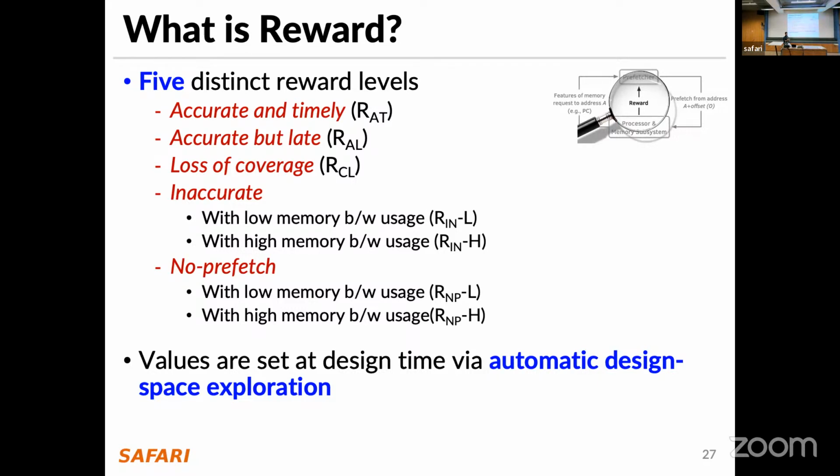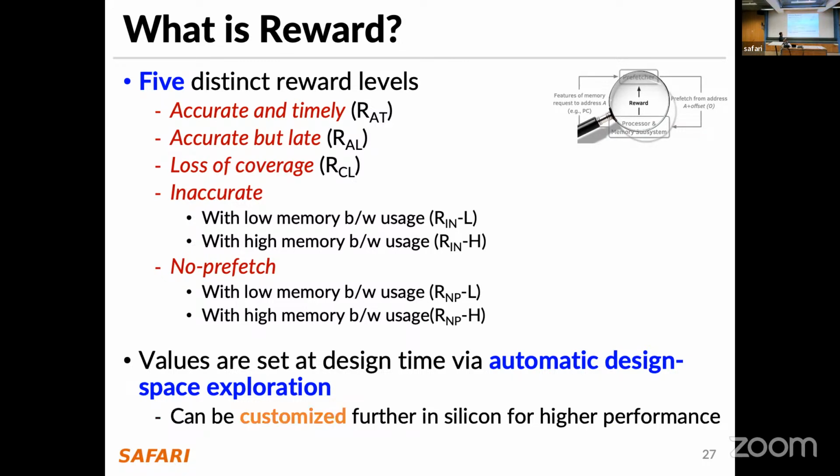And the good part of this design is that you can actually dynamically tune these values at runtime, on the fly. The moment you change and fiddle around with these values, it gives a different objective to Pythia, and that makes it behave differently based on the objectives that we define.